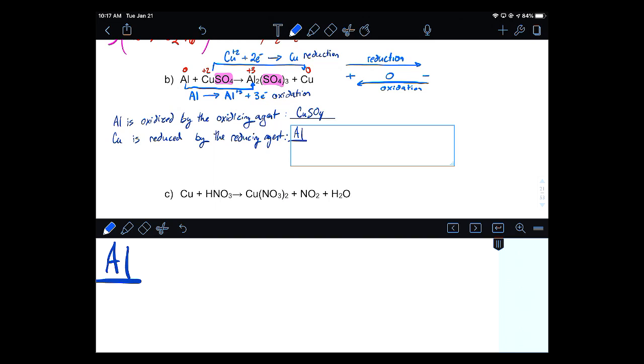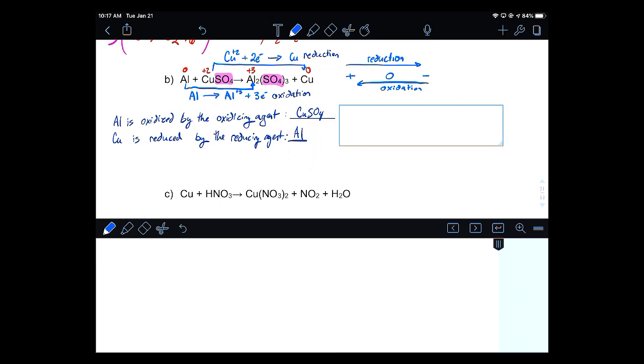This could probably just be some aluminum foil even. If you just took some aluminum foil and dropped it in solution with some copper sulfate, you might actually see some copper metal forming. So that's the idea here. Now, we know from a later unit that we'd actually have to go in and do a little bit of calculations to see if it's even going to happen spontaneously, but we'll assume that it does.